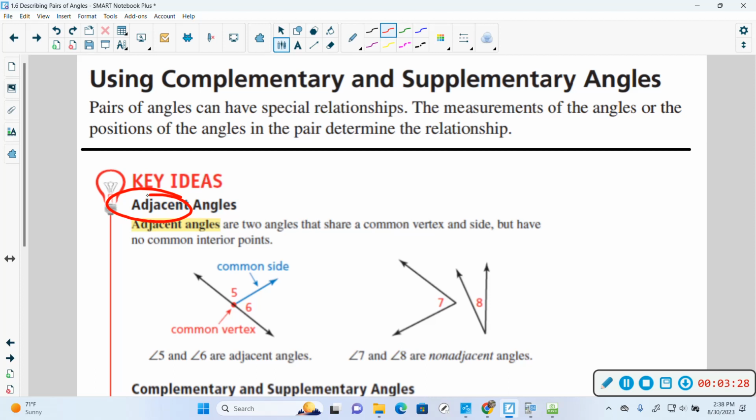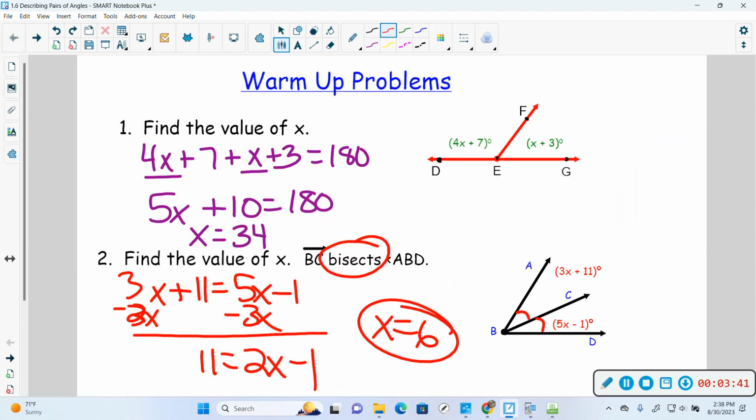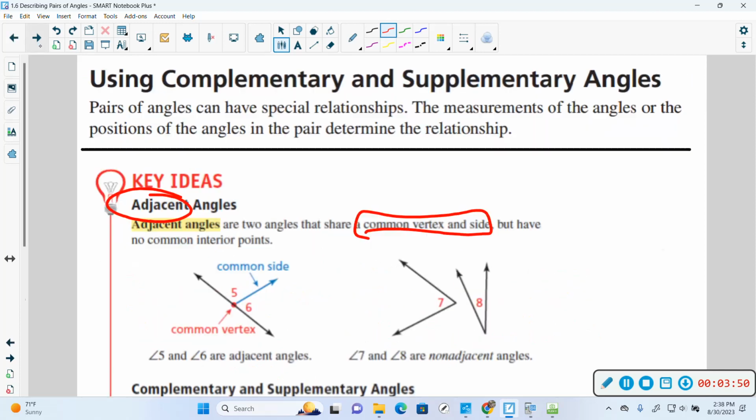The angles are next to each other. They have a common vertex and side. So you can see in this picture 5 and 6, adjacent, next to each other, side. Also, back to the warm-up here, these top ones are also considered adjacent, next to each other, common side. That would be another example of it.